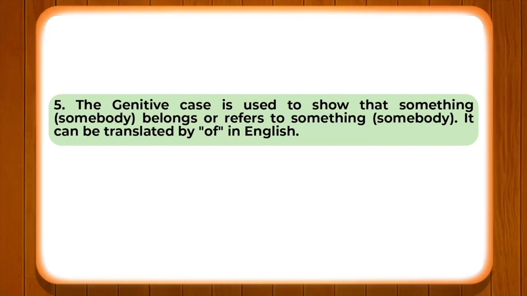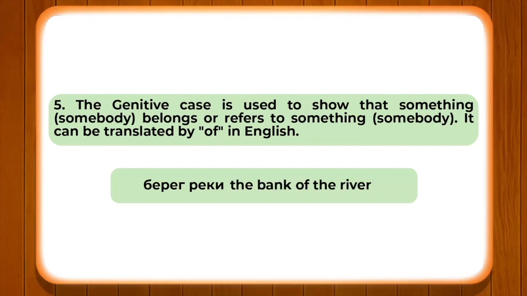It can be translated as of in English, like берег реки, берег чего, bank of what? Bank of river. And if you want to give an expression that of who, so брат, брата, brother of brother, and many other expressions which gives an expression of, so that we understand it properly.